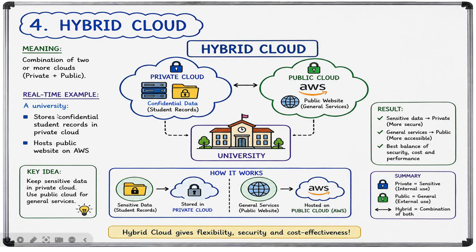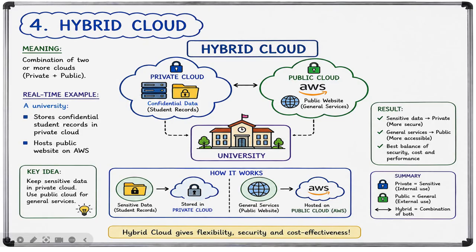Now, one real-time example for this is a university which uses different clouds for different purposes, and sensitive operations are kept secure while general services are open, and this balance improves performance and security.